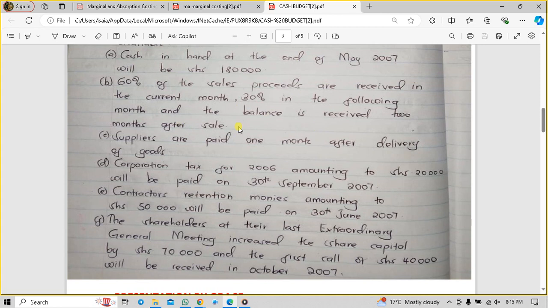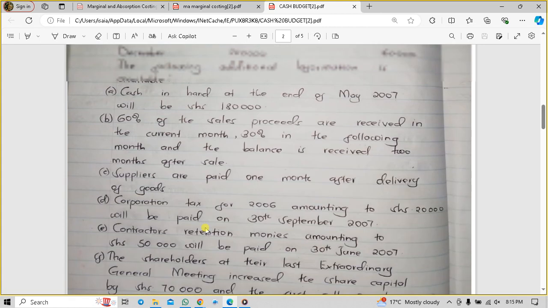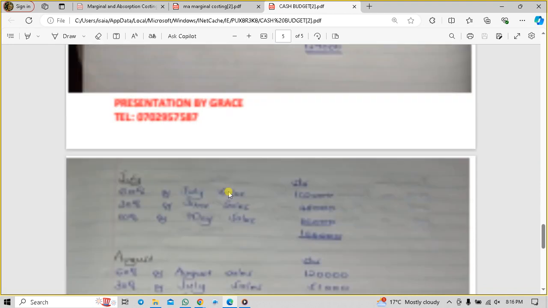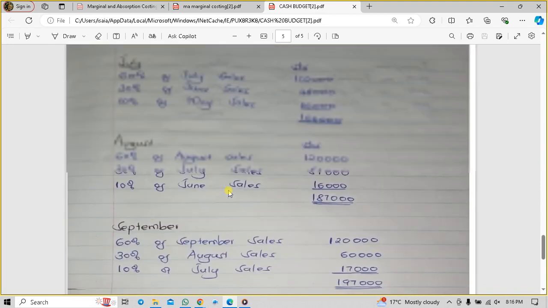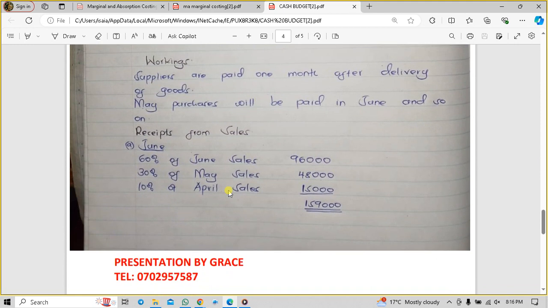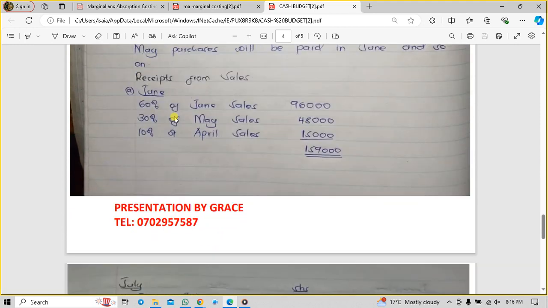So here you really have to do calculations, because if we are starting with the month of June, 60% of 160,000 is received in the month of June. The good thing is that I have this with me. So this is what you do. Part B, receipts from sales.